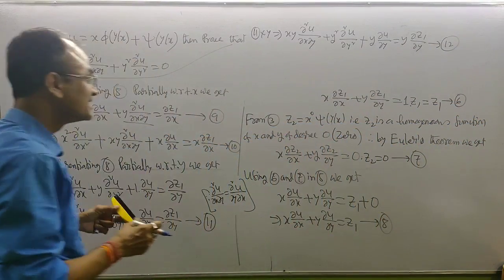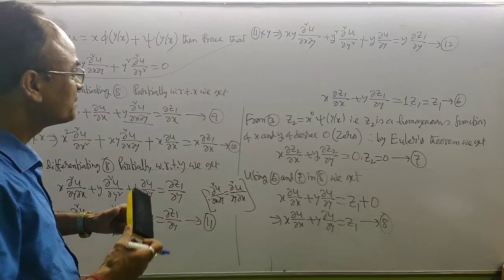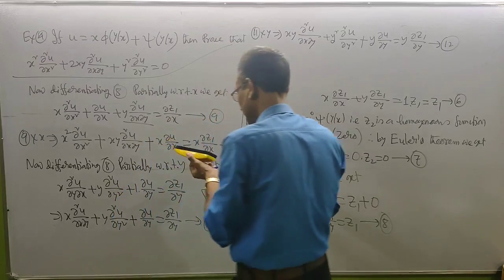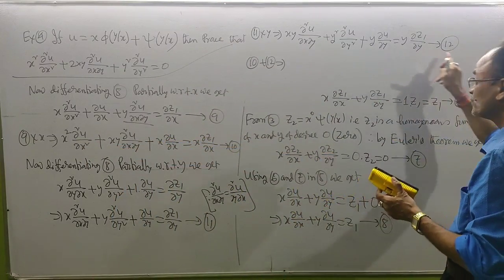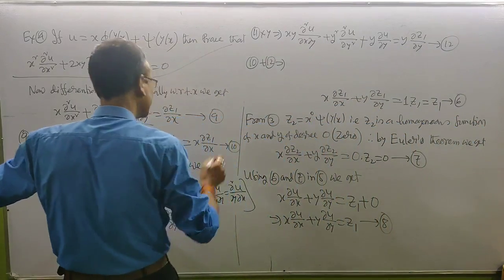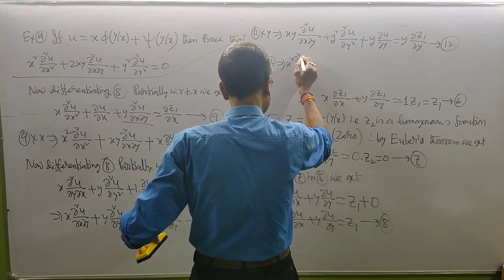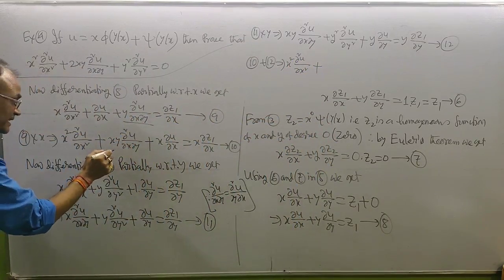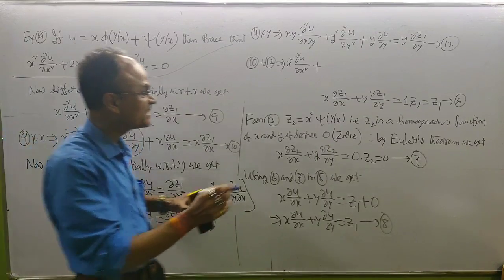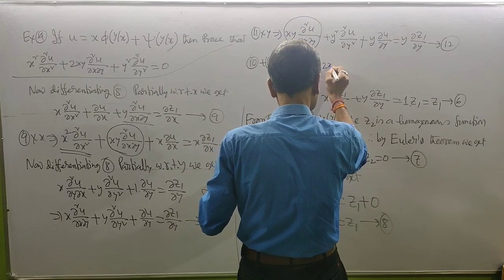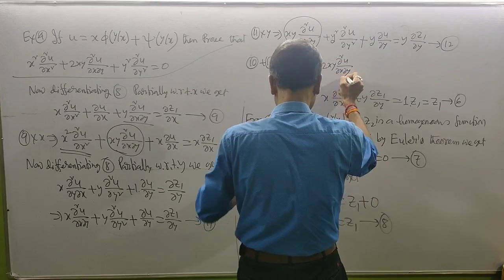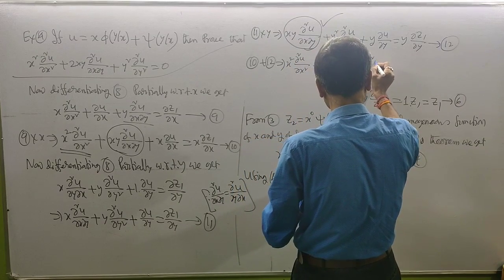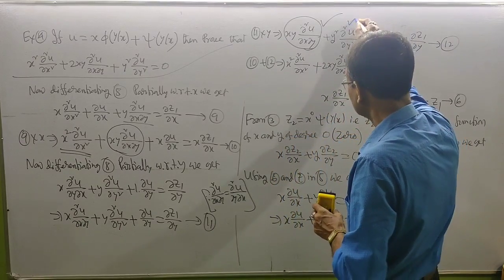Now 10 plus 12. Adding 10 and 12 we get x² ∂²u/∂x² plus xy ∂²u/∂x∂y, here xy ∂²u/∂x∂y will be 2 times xy ∂²u/∂x∂y, plus y² ∂²u/∂y².